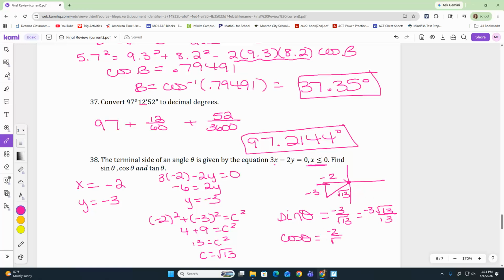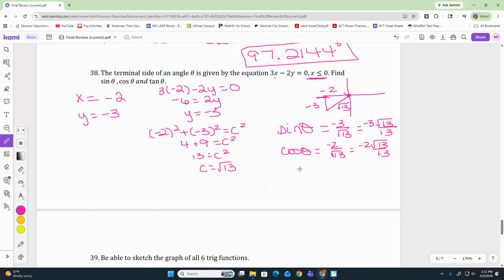So negative 2 over the square root of 13 or negative 2 radical 13 over 13. Tangent is y over x or opposite over adjacent. So negative 3 over negative 2 is positive 3/2.